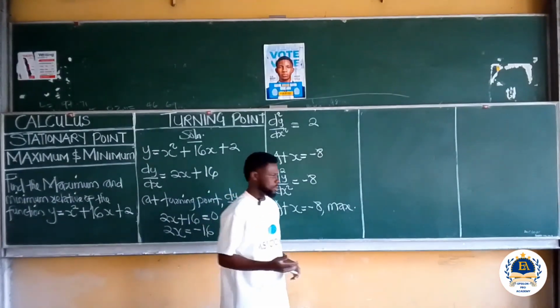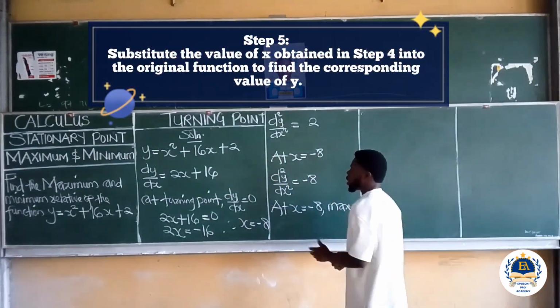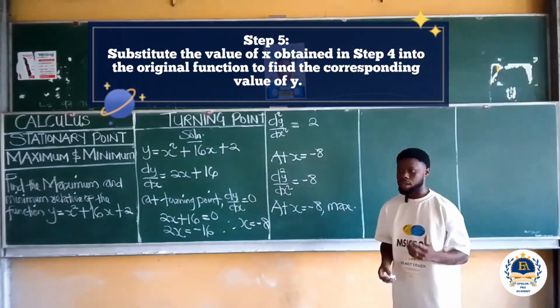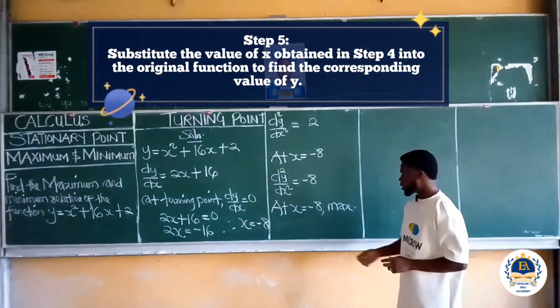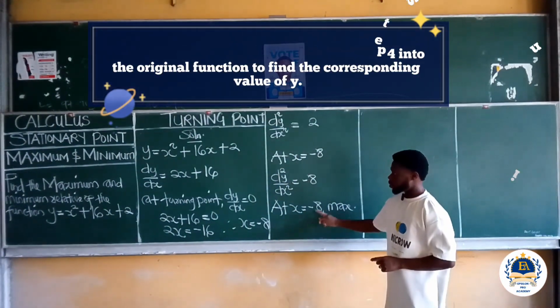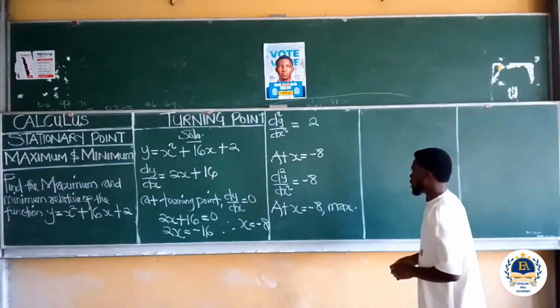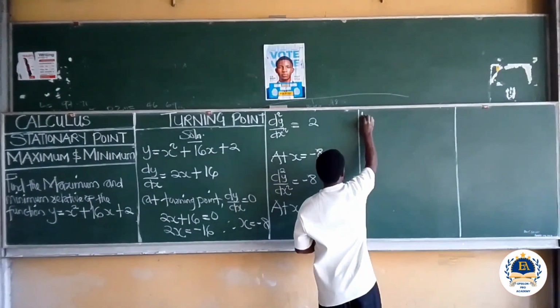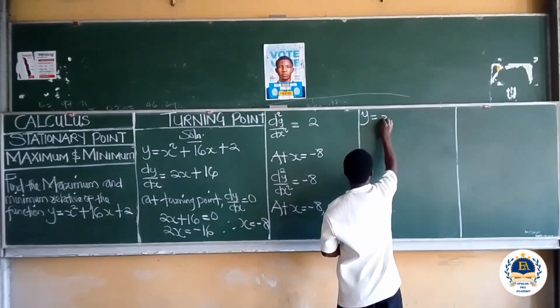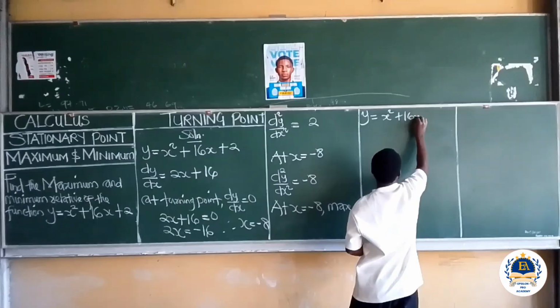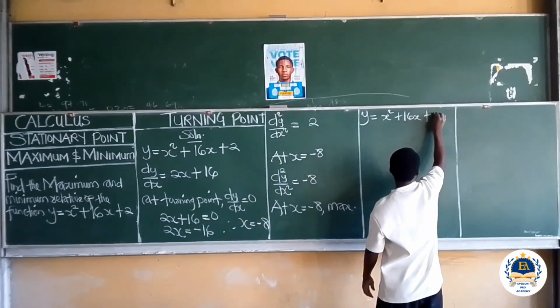Now up next is to determine the y coordinate. The y coordinate can be obtained by substituting minus 8 into the original function which was given to us. In the function, we have y is equal to x raised to the power of 2 plus 16x plus 2.